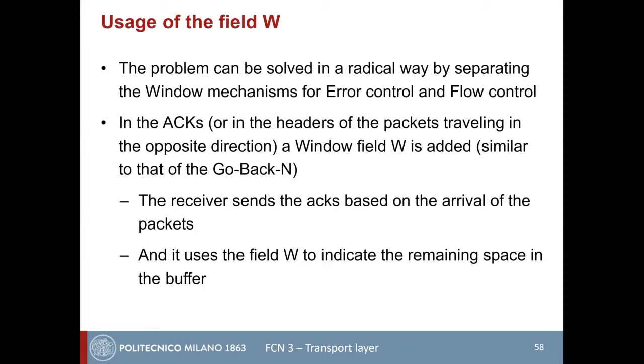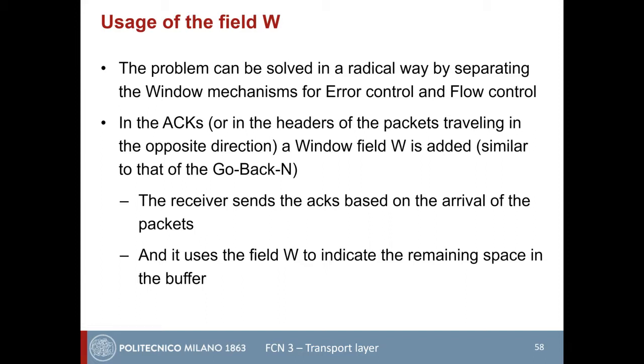When we want to use the sliding window mechanism also for the control of the flow, which means controlling the rate at which the transmitter produces information, the receiver sends back this field W that indicates the remaining space in the buffer, and on the other hand, the transmitter resizes its transmitting window according to this field.